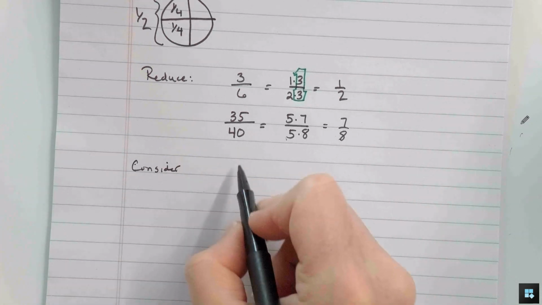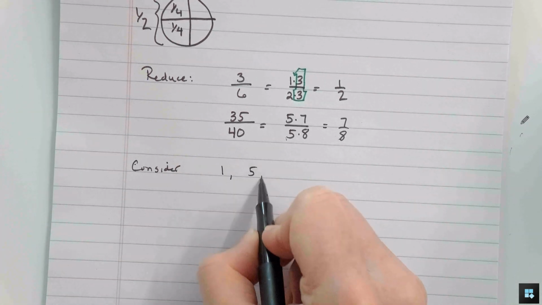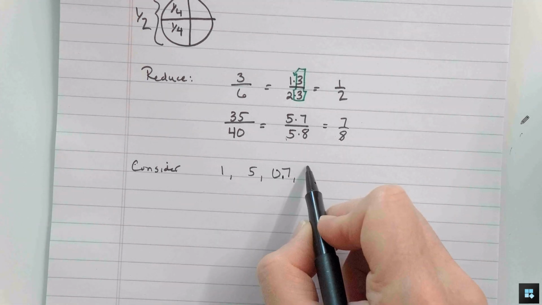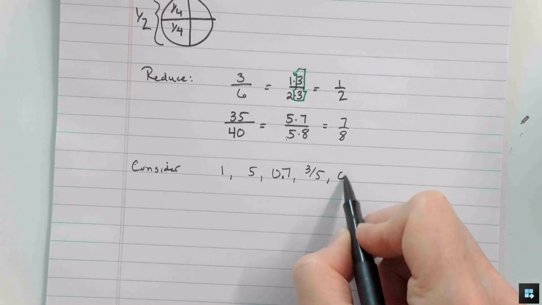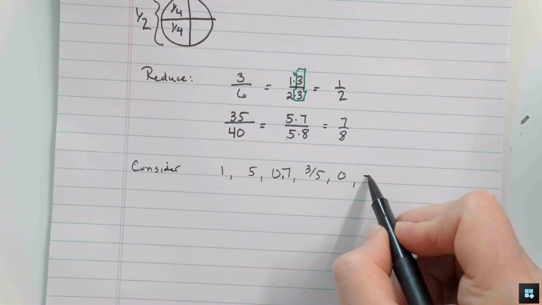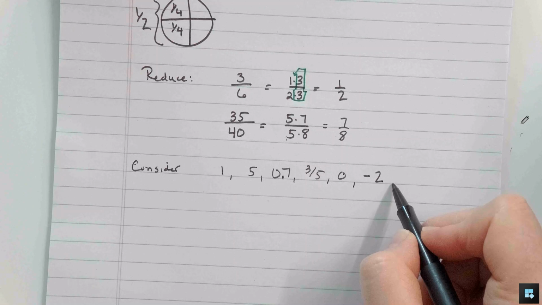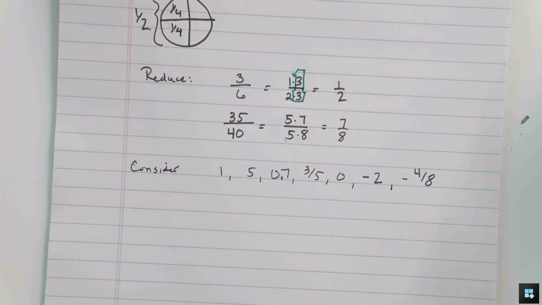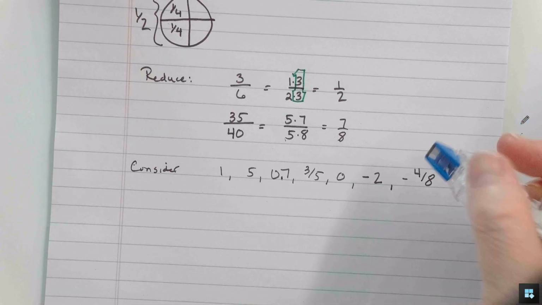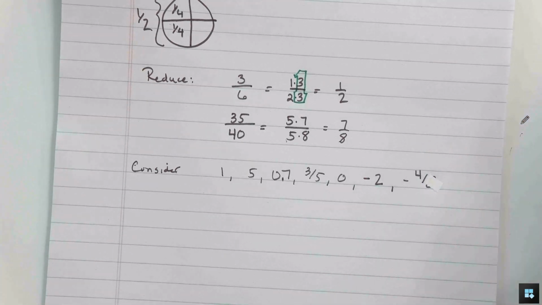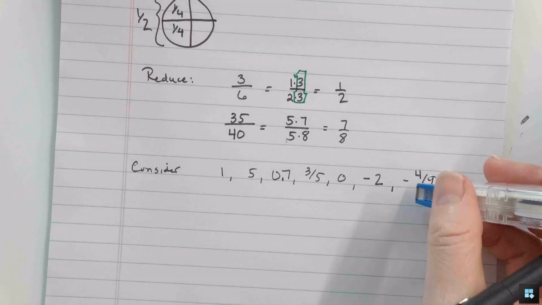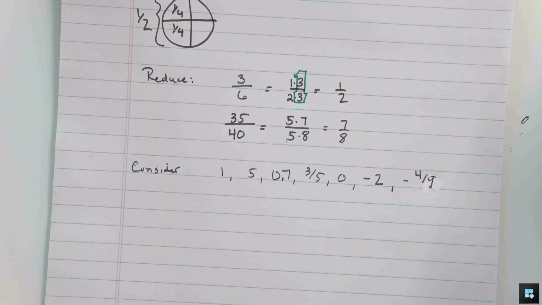So let's take a look at some numbers, and you can tell me which ones are rational. Let's change that to -4/9 so it's reduced, okay. So we have 1, 5, 0.7, 3/5, 0, -2, and -4/9.